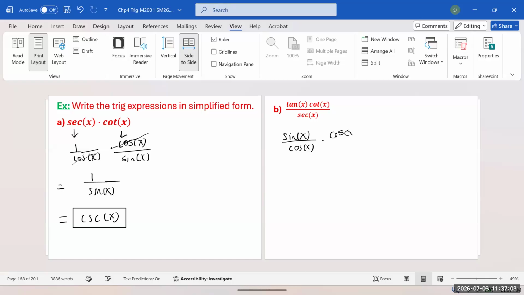Cotangent is cosine x over sine x. So cancel, cancel, cancel, cancel. If you want, you can rewrite secant as 1 over cosine, or since everything cancels out, just leave it. We get 1 over secant. That gives us cosine x.